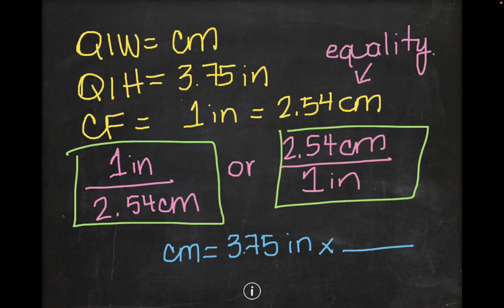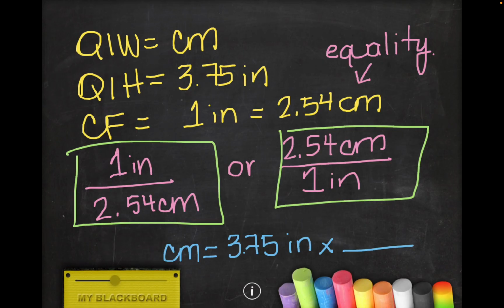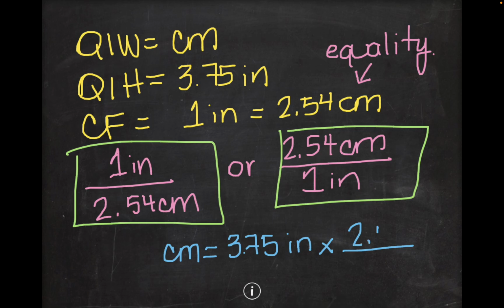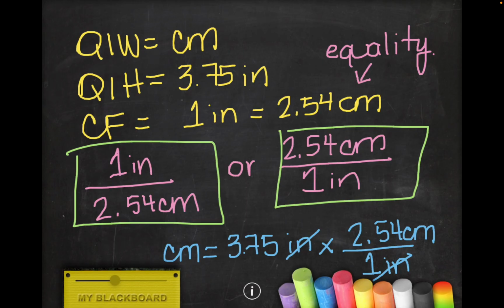I am going to use the one that will help me convert from one unit to another. In other words, I'm going to cancel inches with inches. So I'm going to use 2.54 centimeters over 1 inch. I cancel the same units with the same units. And I multiply.